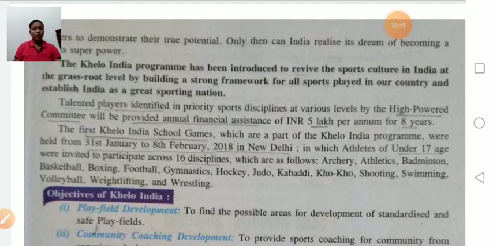The high power committee identifies the talented players in different sports disciplines, and provides them financial support of rupees 5 lakh per annum for 8 years.